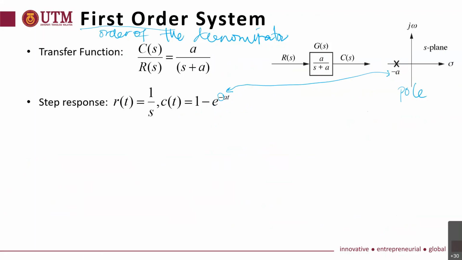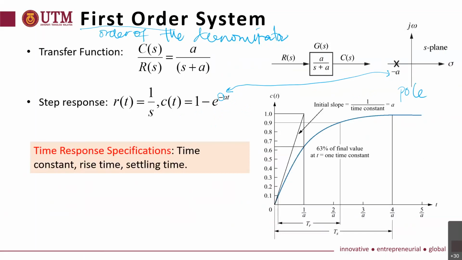I'm sure it was mentioned, it was discussed in 3133. Therefore, we will have a response like this. All first order systems which are stable, with a negative pole, will have a time response similar to this.